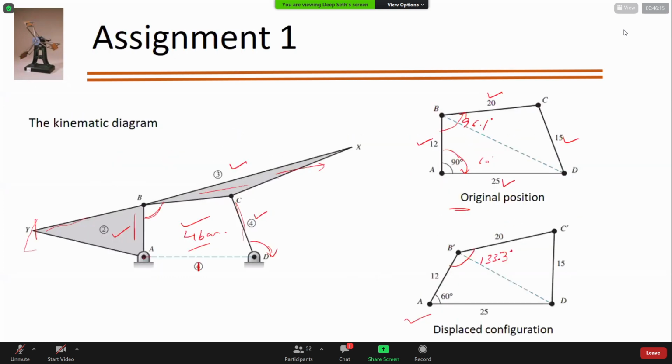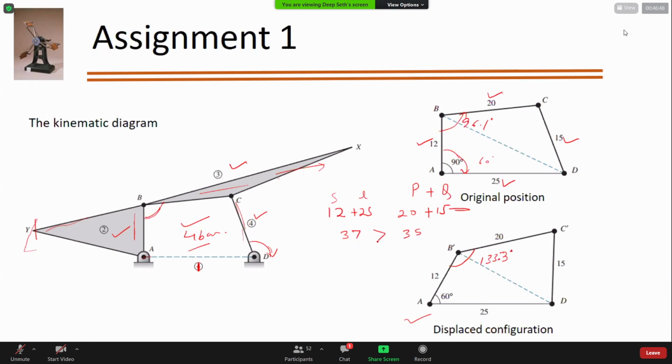And here you can see what is the shortest link. It is 12. Longest is 25. Okay, so this is your shortest plus longest. And what about P and Q? So P is 20 plus 15. So this comes out to be 35.